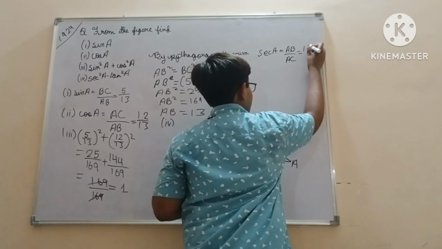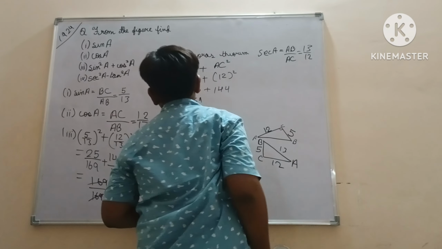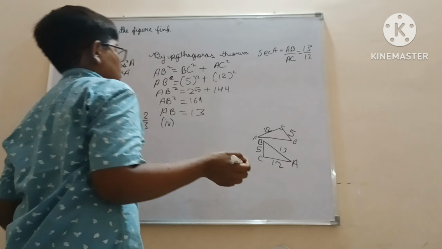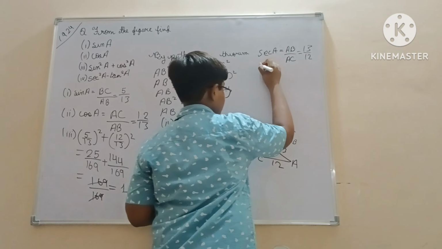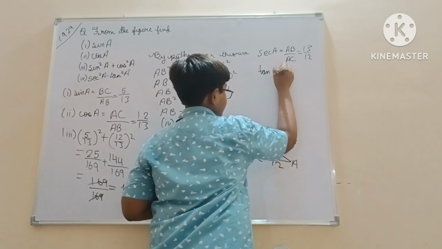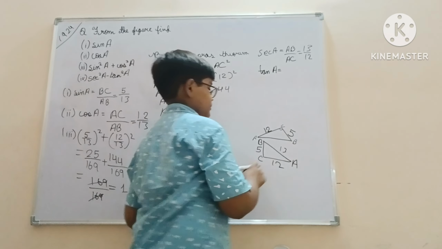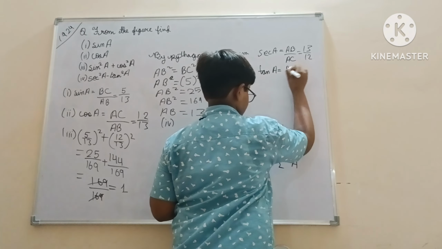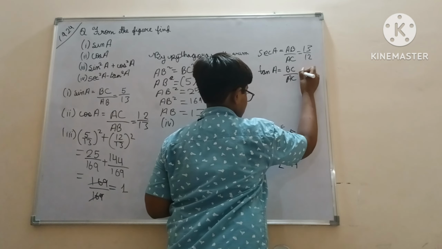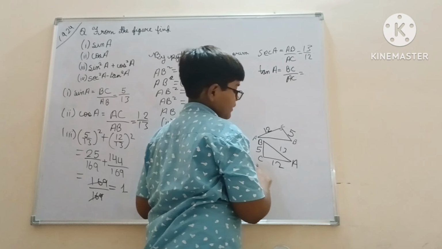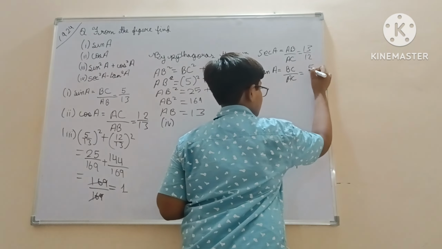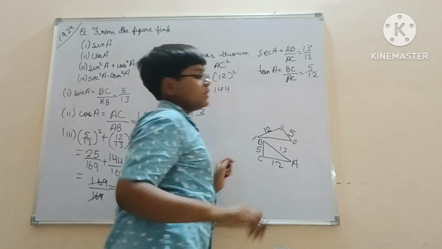So AB is 13 and AC is 12, and we get sec A as 13 by 12. Tan's value is height divided by base. The height of our triangle is BC and the base is AC. So BC's value is 5 and AC's value is 12, so tan A is 5 by 12.